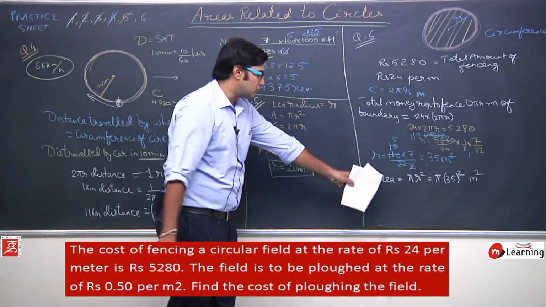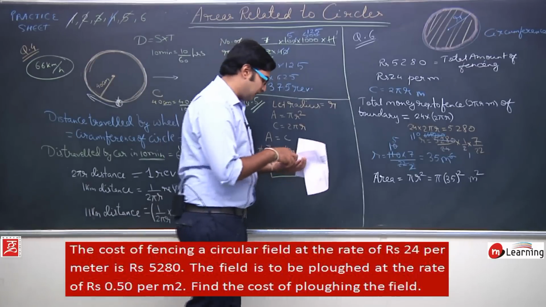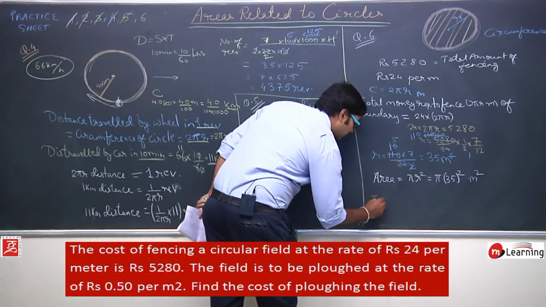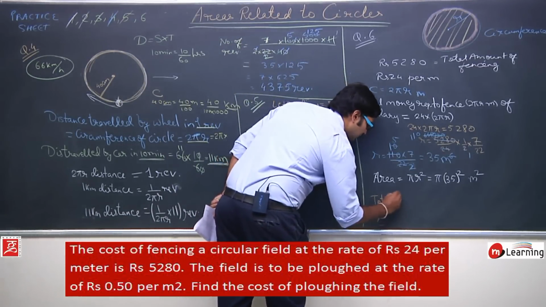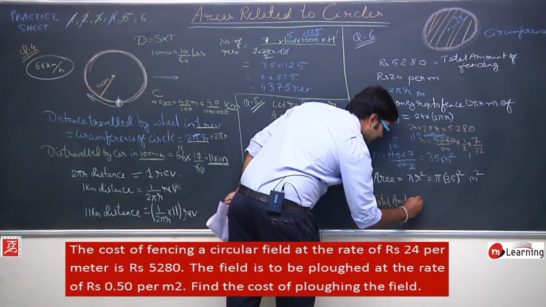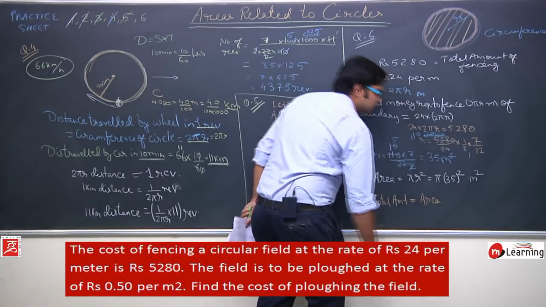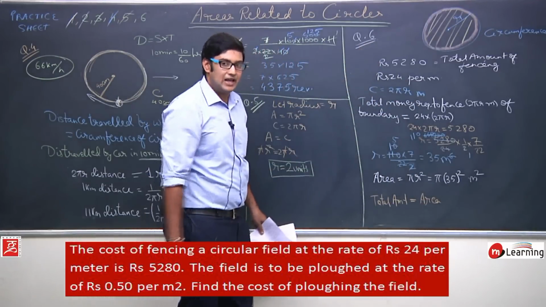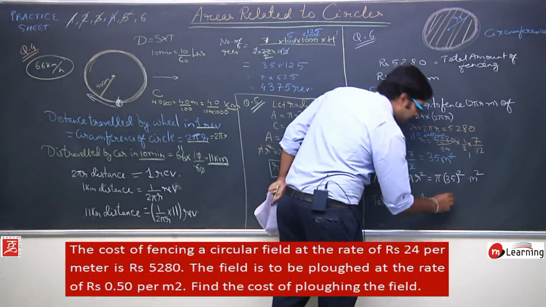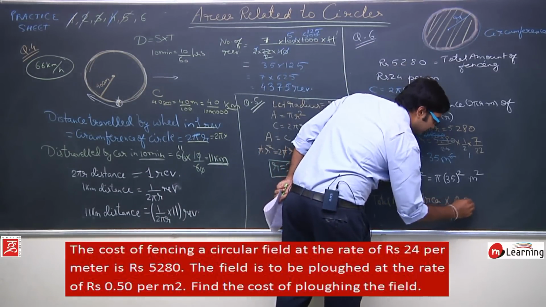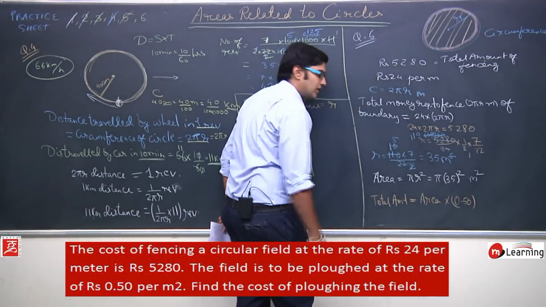So, the amount required to plough this area will be equal to the area into the rate at which the ploughing of this field will happen. The rate at which the ploughing will happen is 0.50 per meter square.